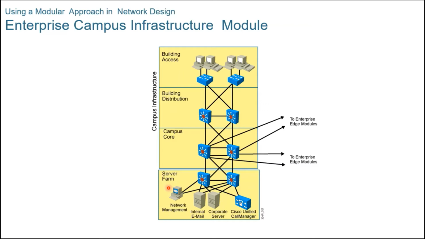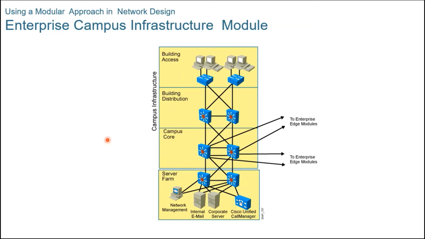Okay, so that is basically a single building in a campus infrastructure design contains a building access layer and a building distribution layer. So when more buildings are added to the campus infrastructure, a backbone or campus core layer is added between buildings. So the campus infrastructure module includes 3 layers.